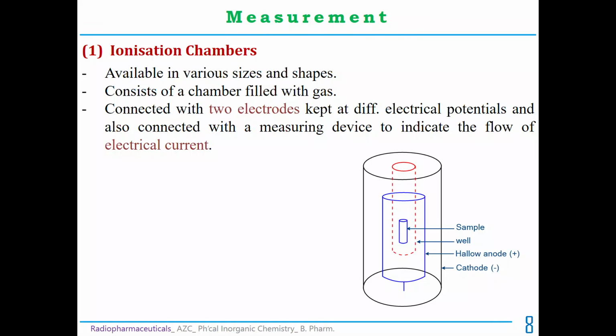It is available in various sizes and shapes. Consists of a chamber filled with gas. Ionization chamber is connected with 2 electrodes kept at different electrical potentials and also connected with a measuring device to indicate the flow of electrical current.